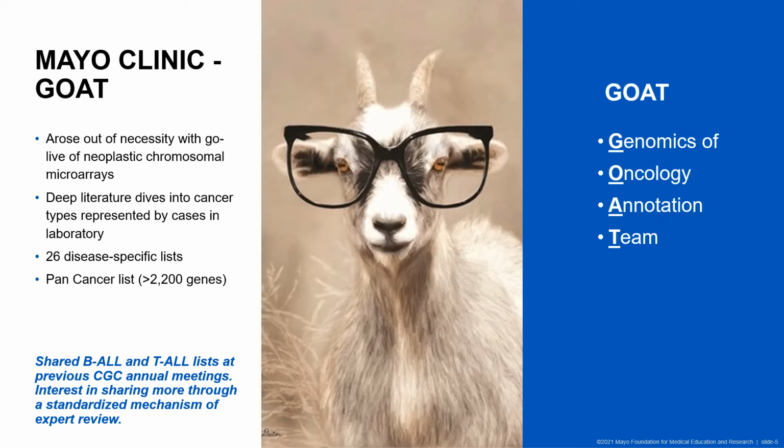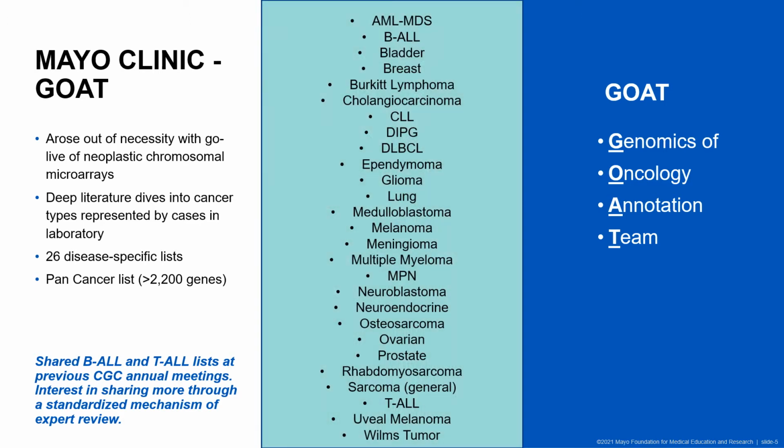So what this group did was we looked at what kind of cases were represented in the lab. We did deep literature dives into knowledge bases and WHO books, and what arose were 26 disease-specific lists that are represented in teal here, as well as a pan-cancer list with over 2,200 genes.